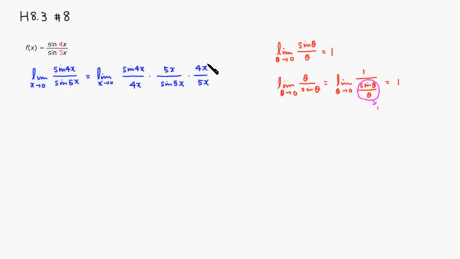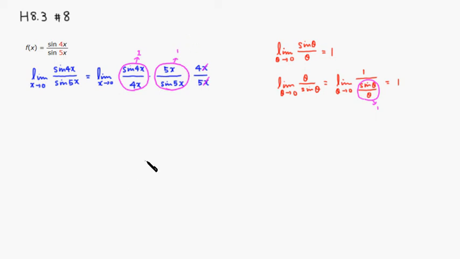Here, x and x cancel out. As x approaches 0, sine of theta over theta is exactly the form we know, so this goes to 1. This guy is the same way: it is basically theta over sine of theta, which approaches 1.